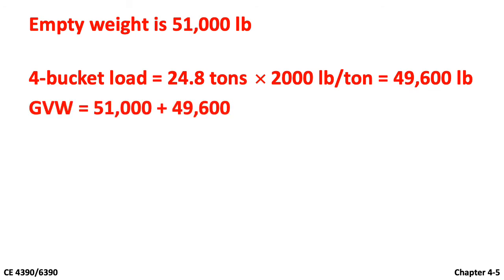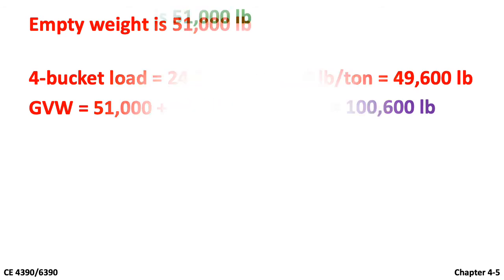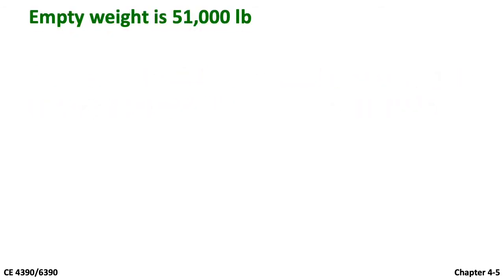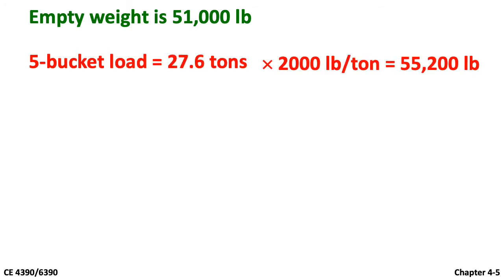So the gross vehicle weight is the empty weight, 51,000 pounds, plus the load weight, 49,600 pounds, so you got 100,600 pounds. If we use 5 bucket loads, you repeat the same process, and you get a total gross vehicle weight of 106,200 pounds.